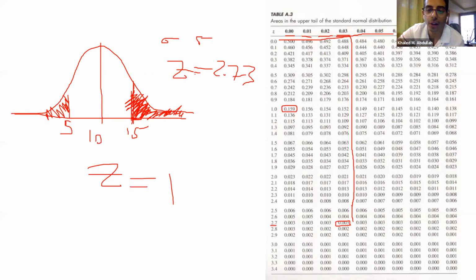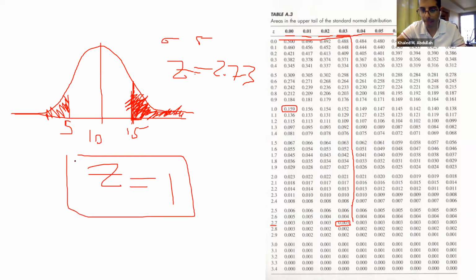Yeah. So now let's go back to Z. He's interested in this population of getting 15 or more than 15. Now we can all agree this is 1 standard deviation far, right? So we can all agree that Z equals 1. Can you all agree with me that Z is 1? Yeah, so now let's go see what 1 is. We want exactly 1.00. So this is 1.0 and then this is 0. So when we go together, we're going to have this value.